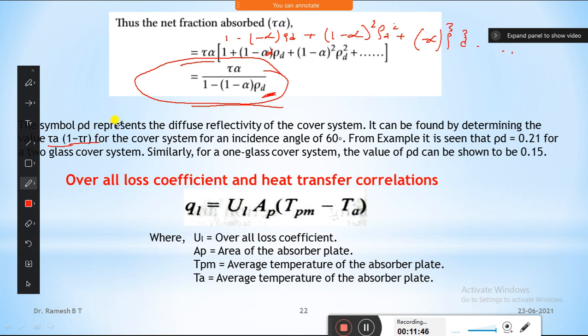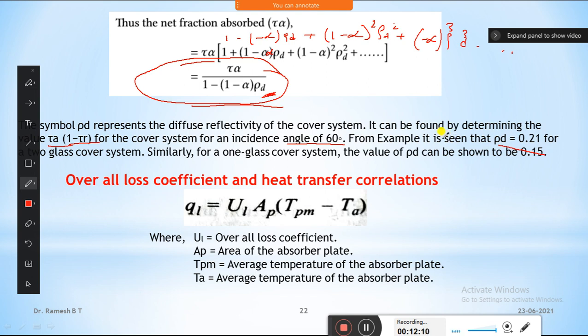We already derived what is meant by tau a and tau r in the previous class. For the cover system with incident angle of 60 degrees, the rho d value is 0.21 for the 2 glass cover system, if you use the 2 glass cover system.